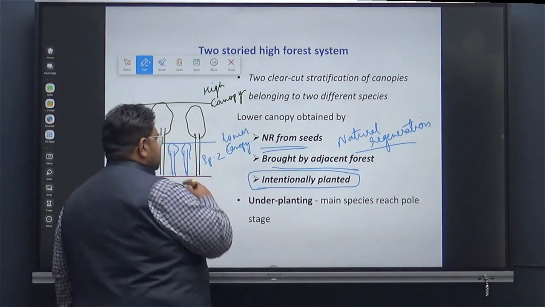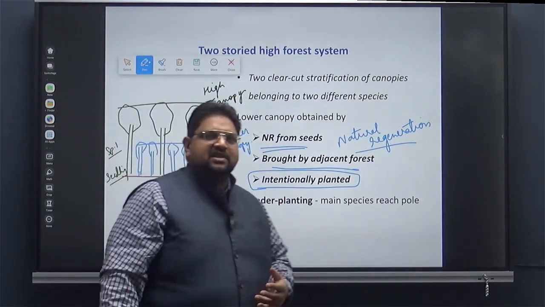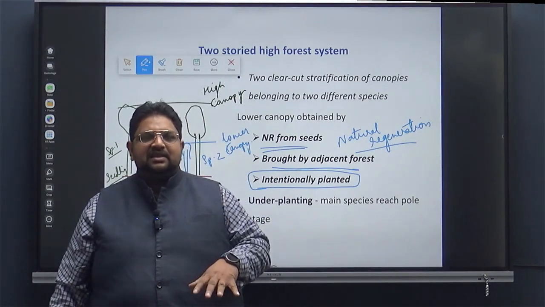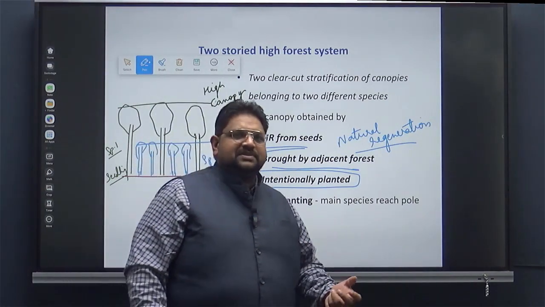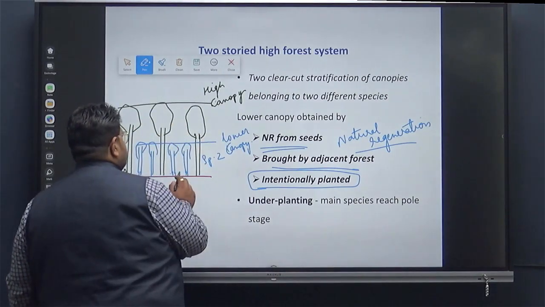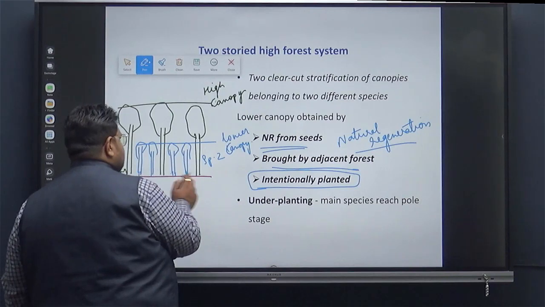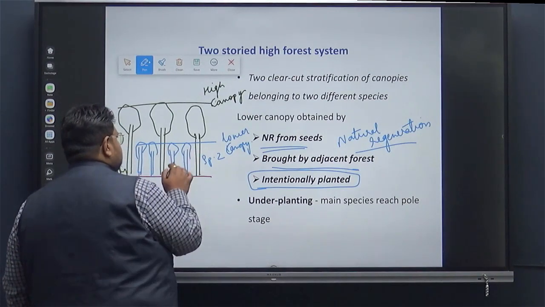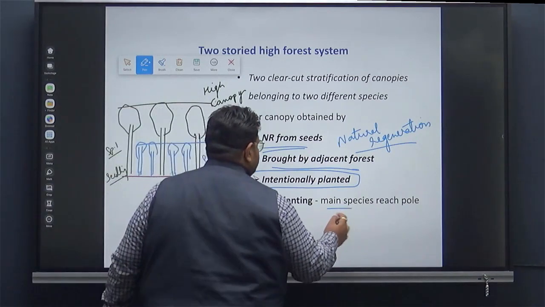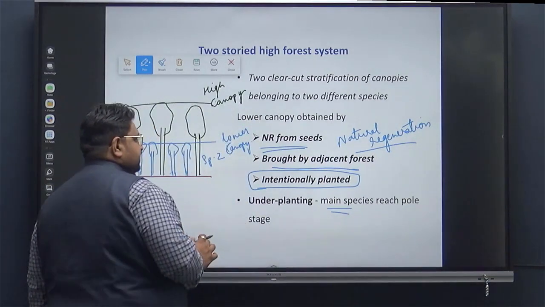You choose some compatible species which do not compete with the first species and plant it in the ground. So this becomes the second species. Other than this, any growth which is under-growing, as part of this first species or any other species, will be cleaned.